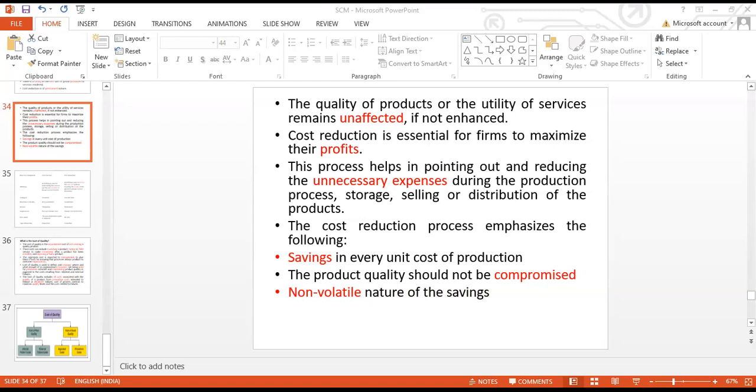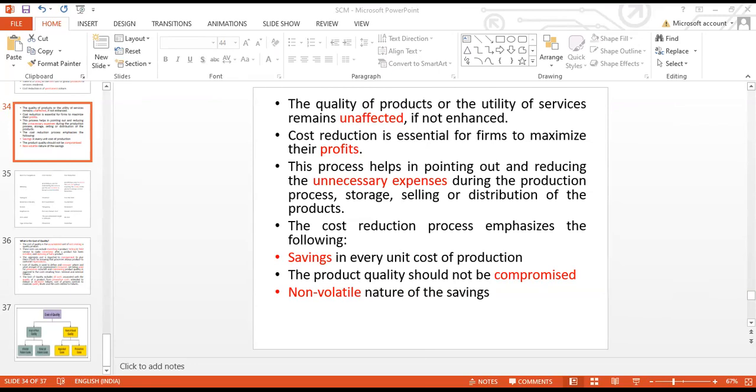Means what, whatever resources, whatever technologies are available with me, I will take full benefit. The kind of machinery I am having, the same kind of machinery is not available with my competitor, so I will make its advertisement. Then I will utilize my resources with 100% capacity, 100% efficiency.